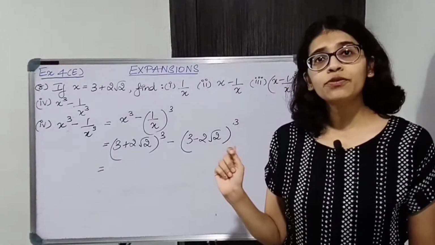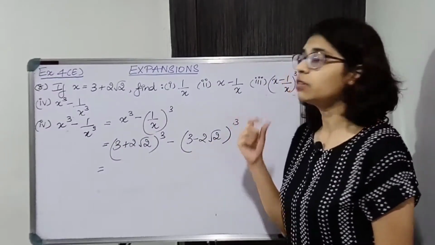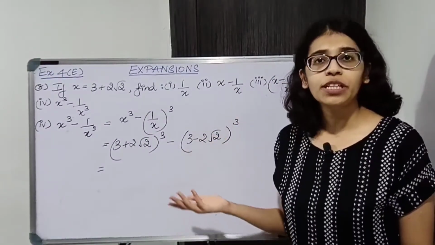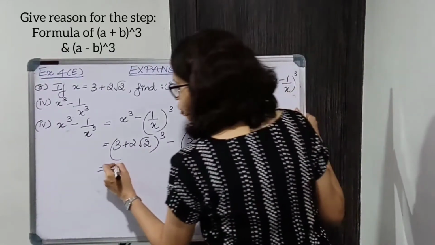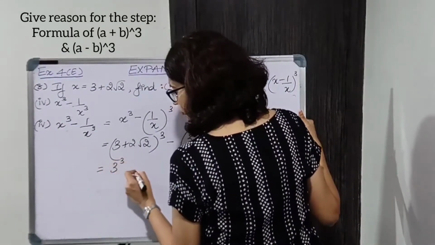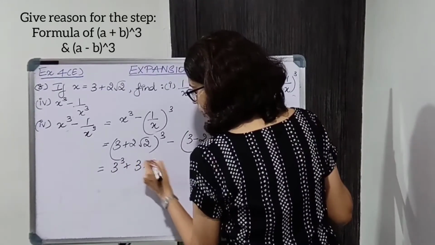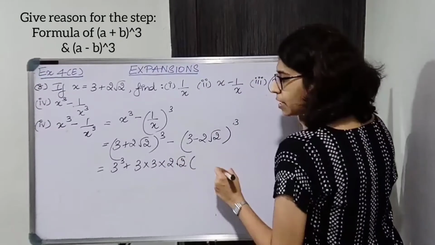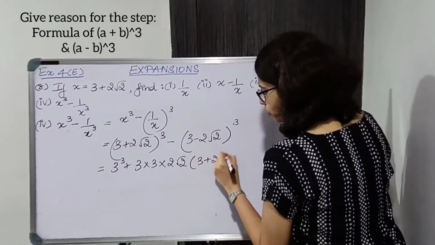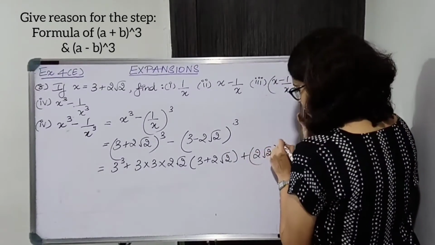Now this is of the form a plus b the whole cube and a minus b the whole cube. So what we'll do, we'll just solve the brackets. A plus b the whole cube is a cube plus 3ab, so a is 3, b is 2 root 2, into a plus b, so 3 plus 2 root 2, plus b cube, so 2 root 2 cube.